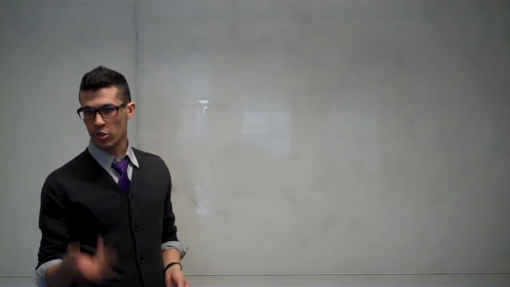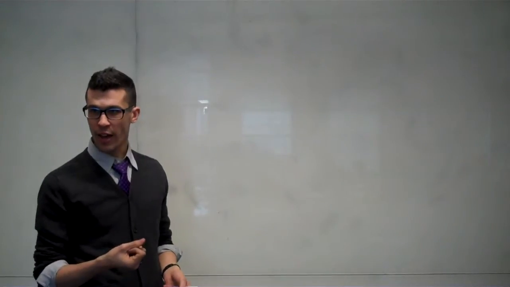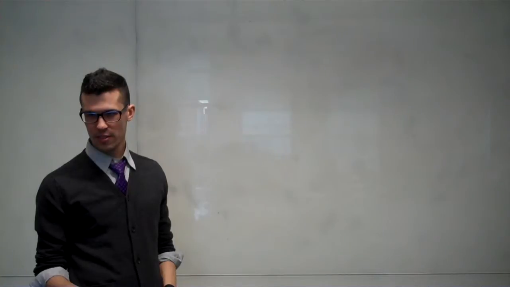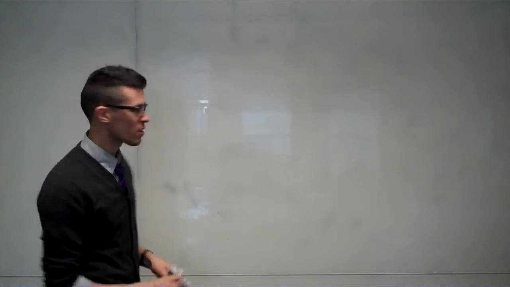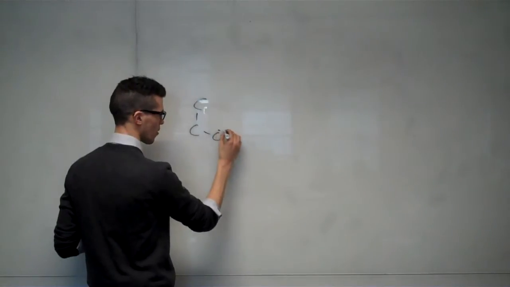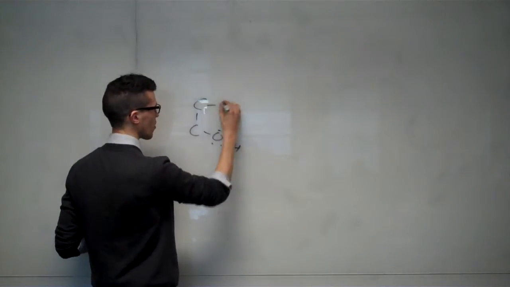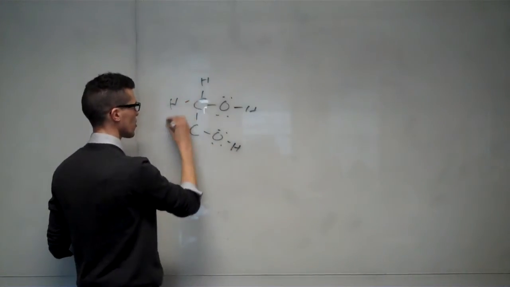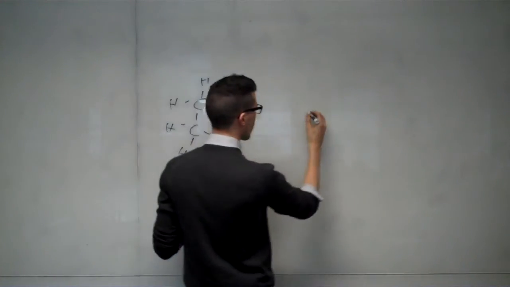The more hydrogen bonds you have in a molecule, the stronger the IMF. That makes sense? So if I ask you which one of these molecules is stronger, this one or this one?